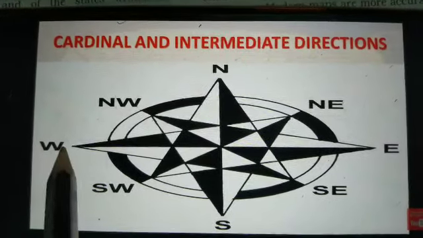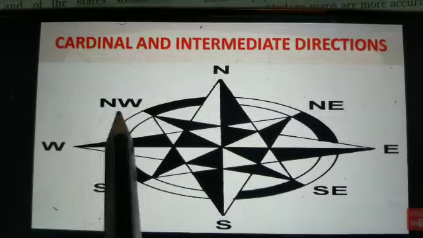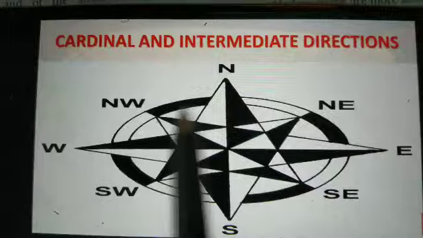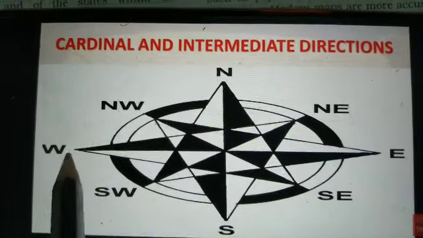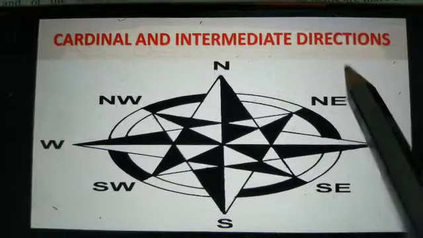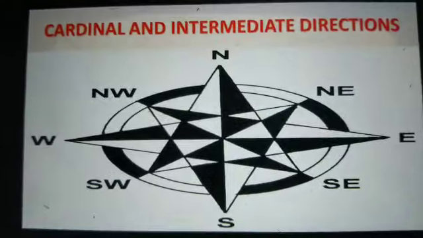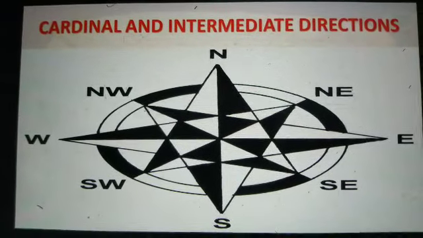Here it is the middle between west and north, so it is written as northwest direction. In this way, these four are known as your cardinal directions, and these four are known as your intermediate directions. Directions help in locating a place with greater accuracy.